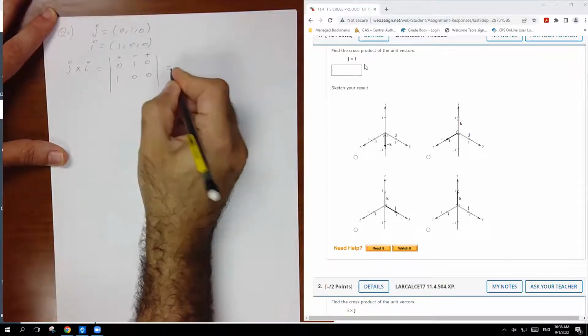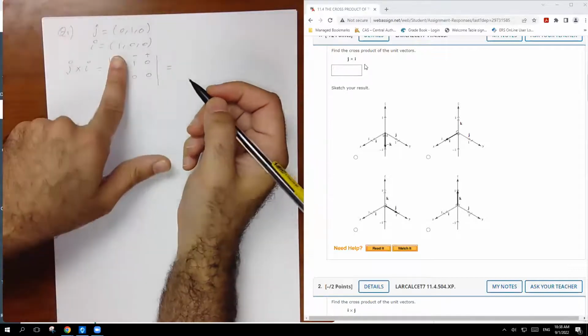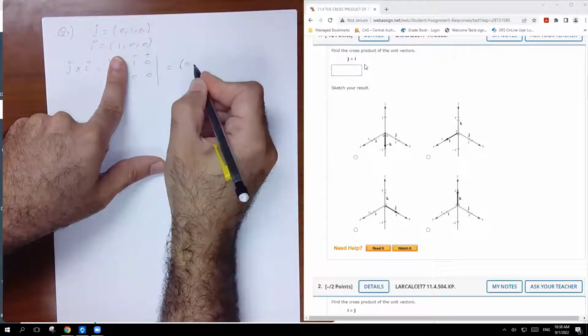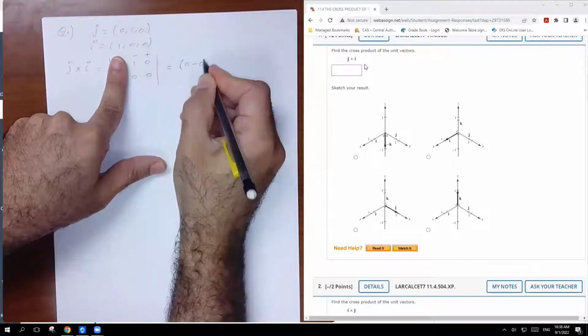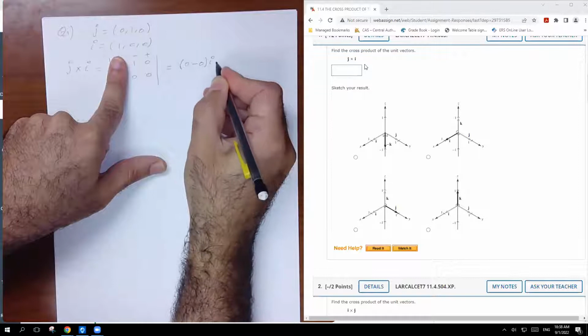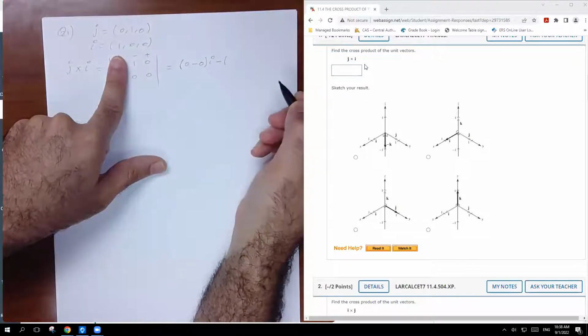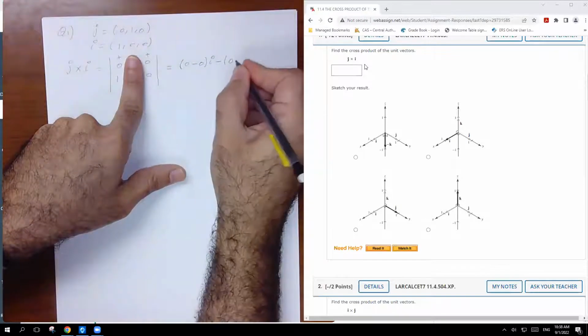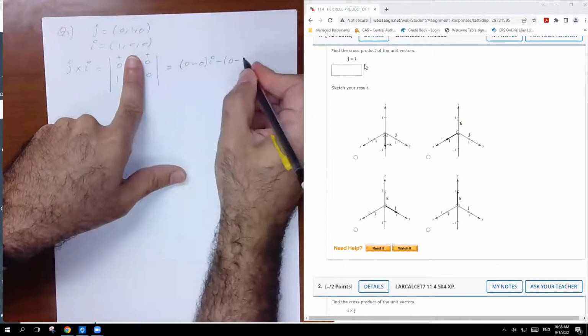So the result is going to be, for the I, 1 times 0 is 0, minus 0 times 0, 0. This is for the I. Minus, for the J, is going to be 0 minus 0.